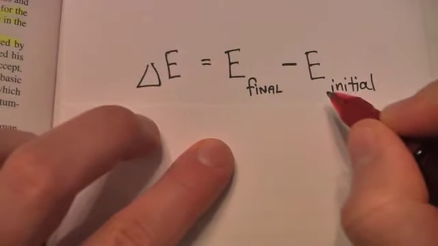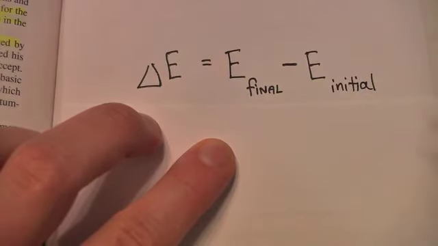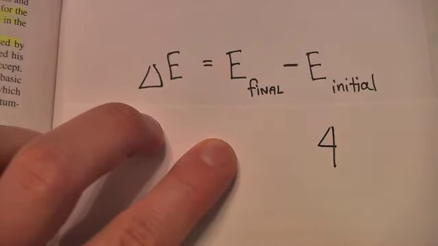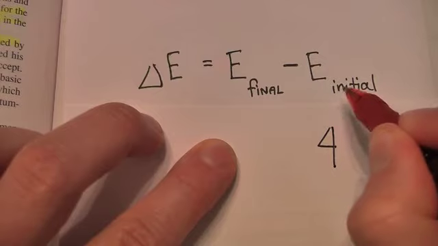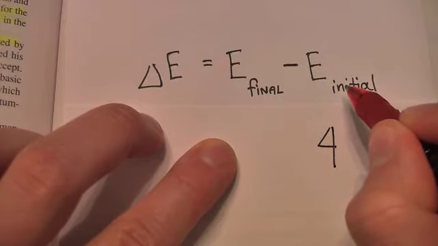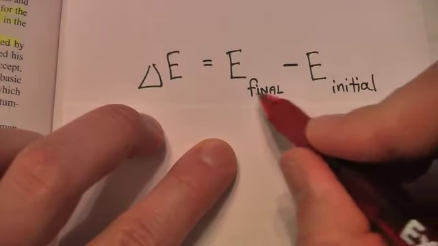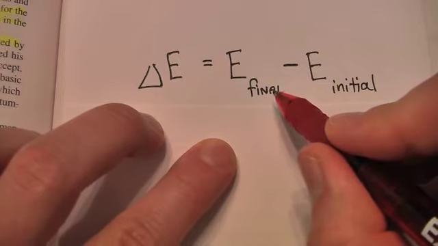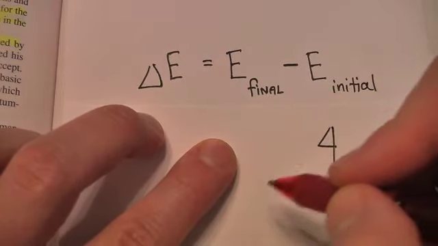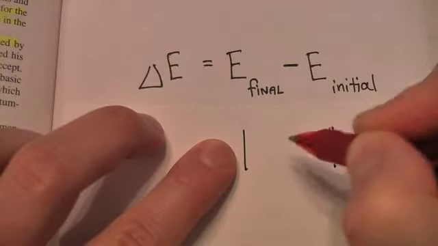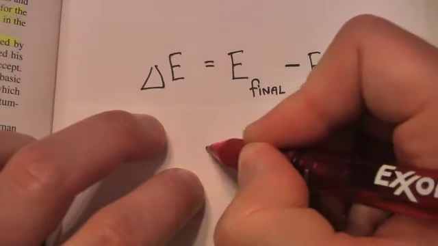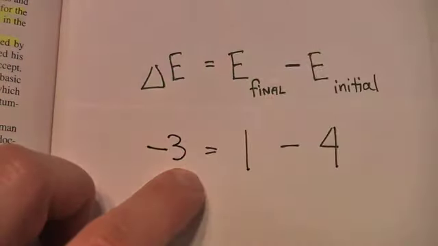Let me illustrate that. If we start with a higher energy, let's give an arbitrary value of 4 joules. Okay, so I started on an outer orbit further away from the nucleus, and my final energy is much smaller because it's closer to the nucleus. We'll give that a value of 1. 1 minus 4 equals a negative 3.